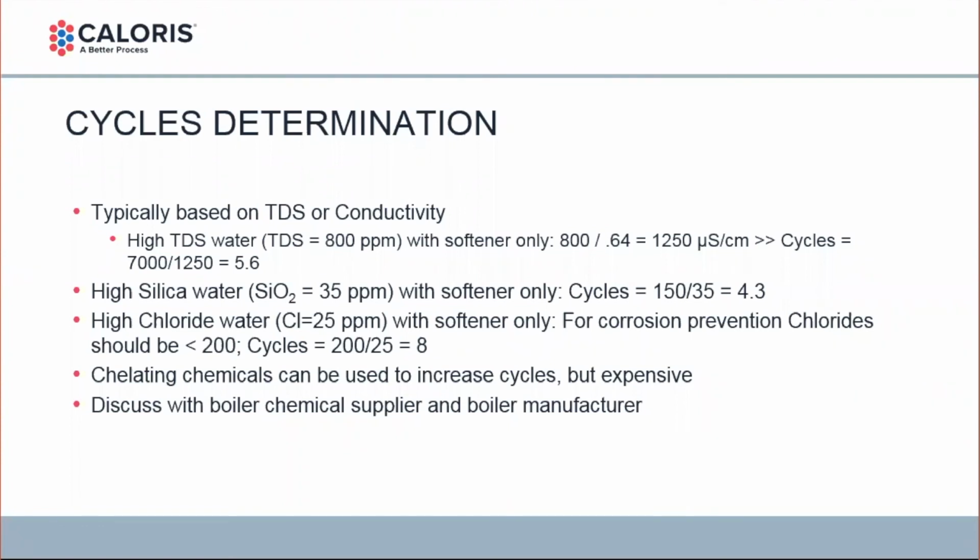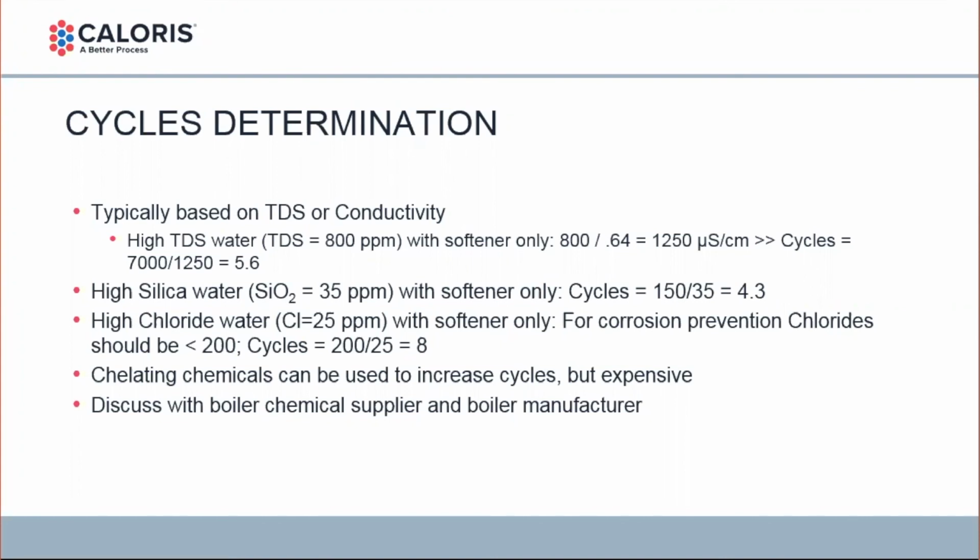High chloride waters are also an issue. So you've got 25 ppm of chlorides in your water, and it's a softener only. Then the cycles would be 200 divided by 25, which is 8.